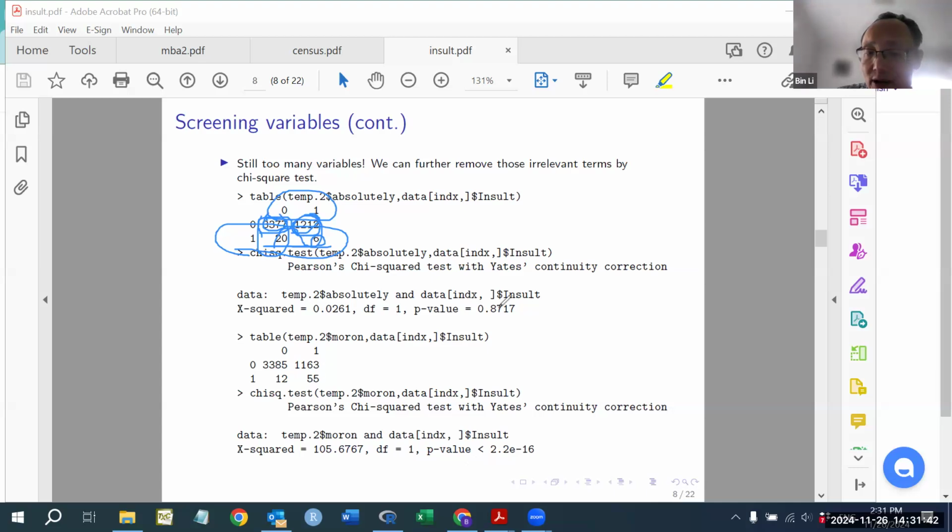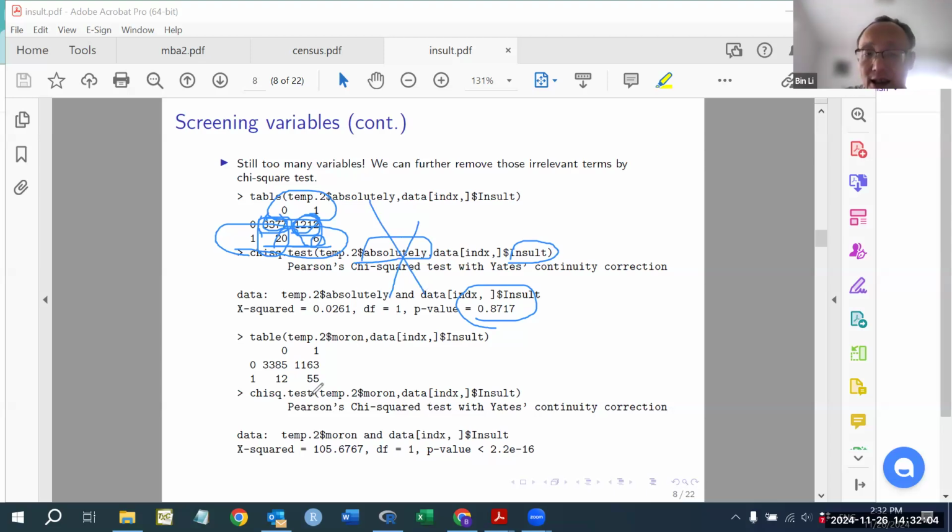And you can see the chi-square p-value is 0.87. That means the appearance of absolutely and the insulting status are independent. No association. So this word has no discriminating power.